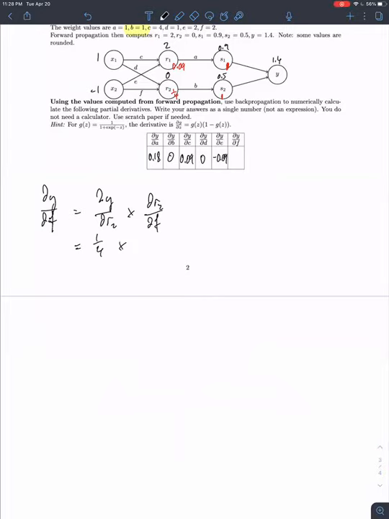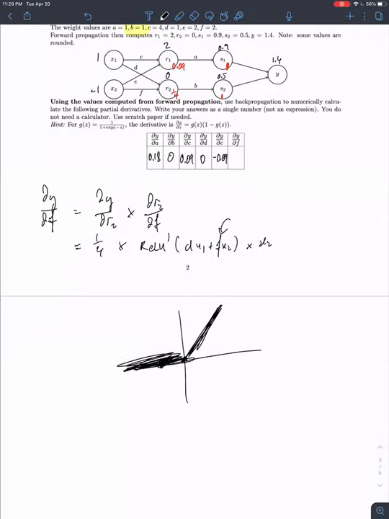That is equal to the derivative of ReLU at its inputs, so dx1 plus fx2, times the derivative of this with respect to f, which is just x2. What's the derivative of ReLU at this point? Well, again, we'll draw the picture. r2 is 0, right? So what that means is that we must be somewhere in this half of the ReLU. But at this half, we're flat. Our derivative is 0. So this whole thing is 1/4 times 0 times x2, so that equals 0.